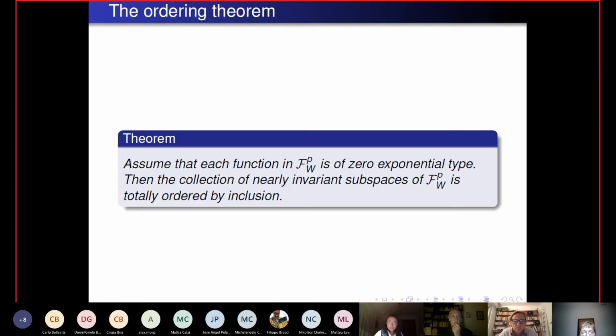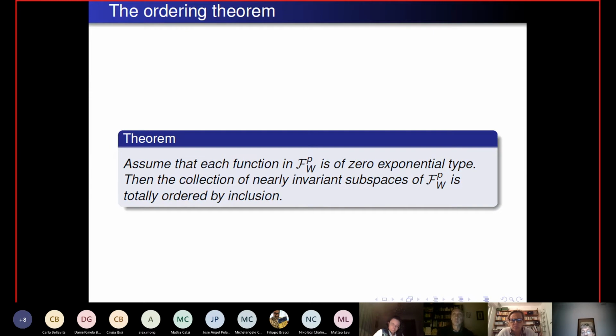Okay. Here's the beautiful result I want to present to you, namely that we have an ordering theorem similar to the de Branges theorem for such spaces.